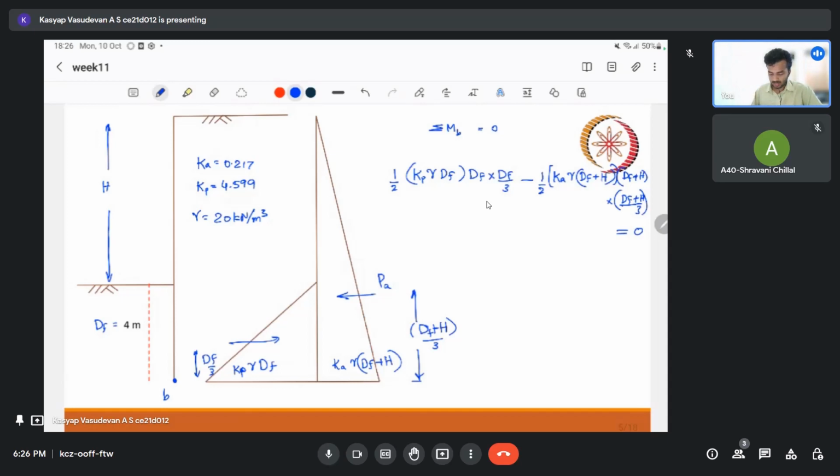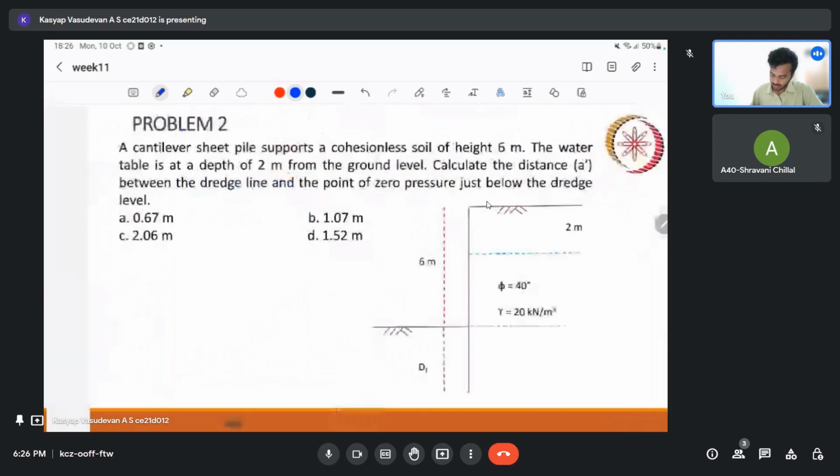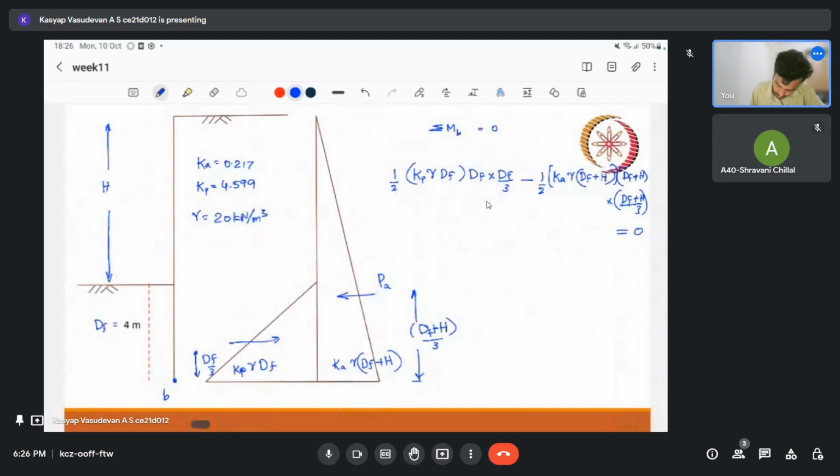So I can equate both and write half into Kp gamma Df cubed by 3 is equal to half into Ka gamma (Df plus h) cubed by 3. Here I can cancel a few things. I can cancel the half on both sides and gamma on both sides.